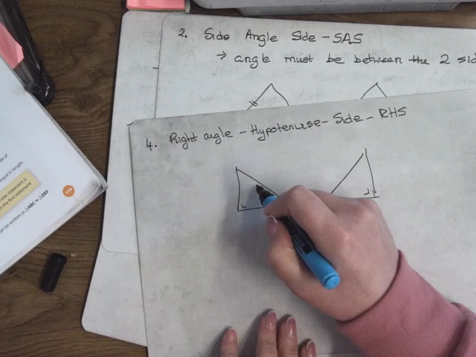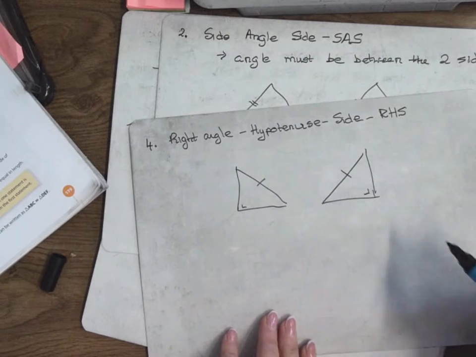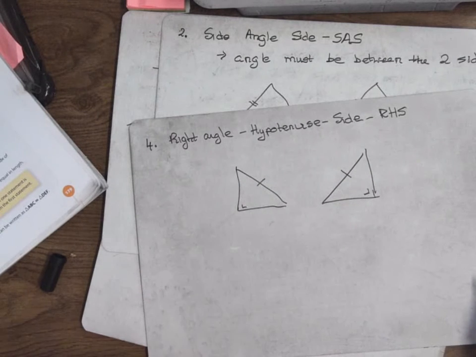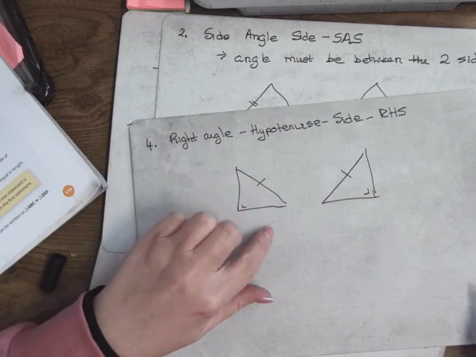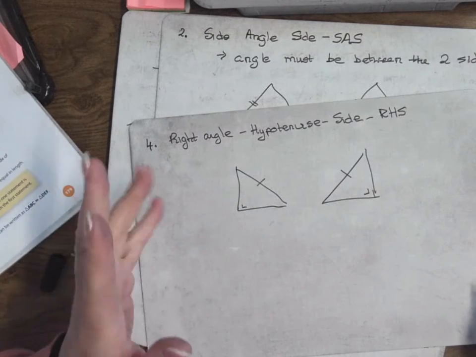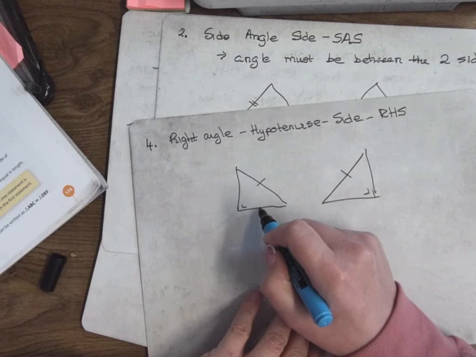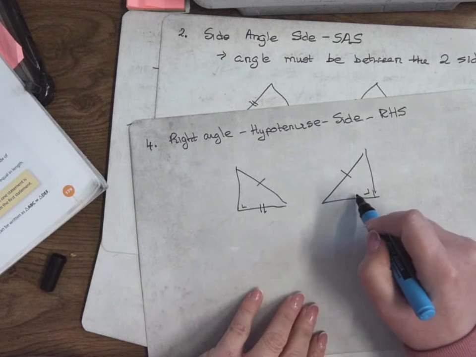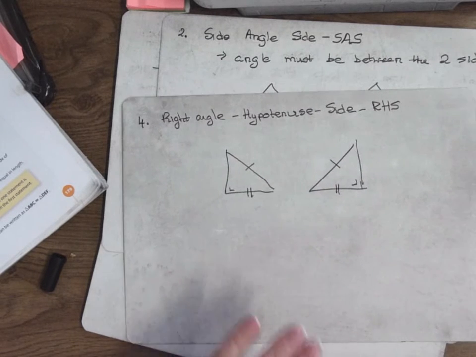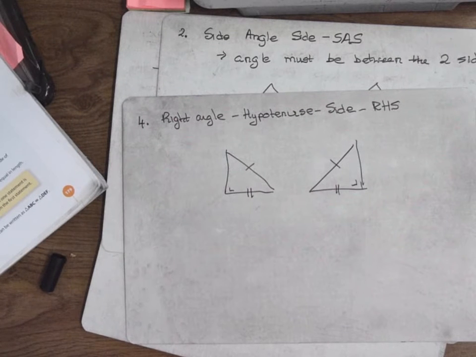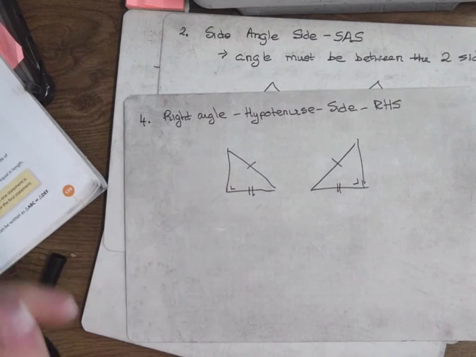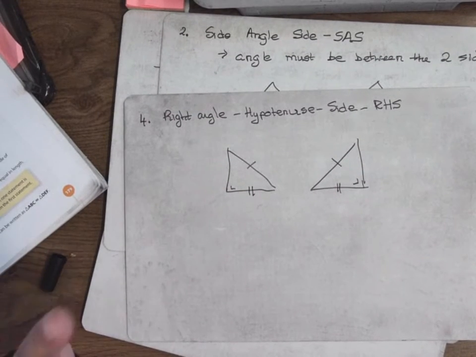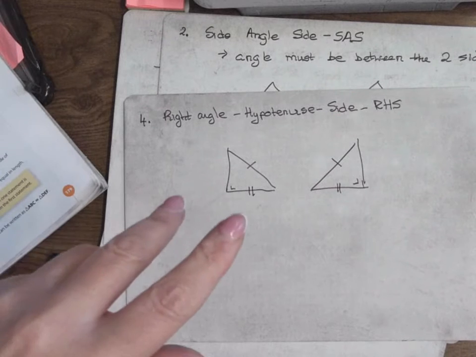So if I measure the hypotenuse and measure the hypotenuse over there, and they turn out to be the same, and any other side, so I have a choice of any other side, so I can measure either one of the two sides. So if I measure this one and it's the same as that one, those two triangles are congruent because of RHS.